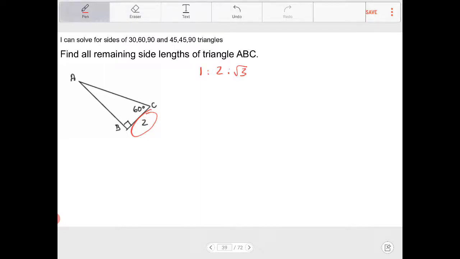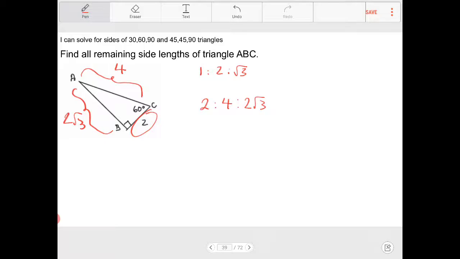And then the other leg over here corresponds with the radical 3. And the hypotenuse corresponds with the number in the middle. So if I multiply the first number by 2 to get 2, the second number should be 4. The third number should be 2 radical 3 then. So therefore, the hypotenuse must be 4, and the leg must be 2 radical 3.